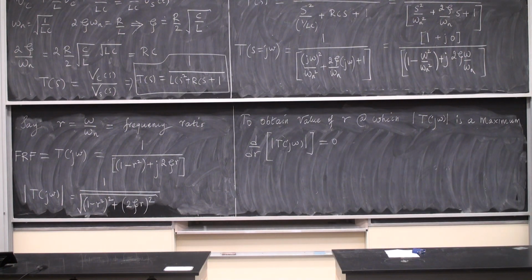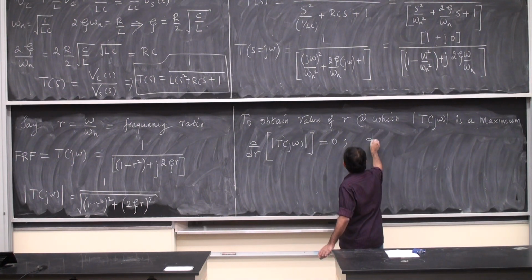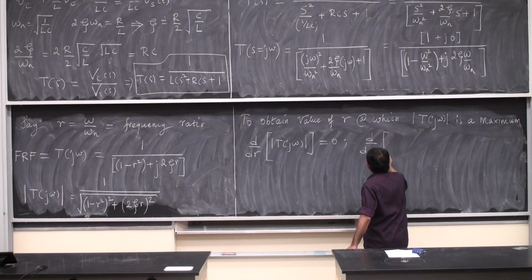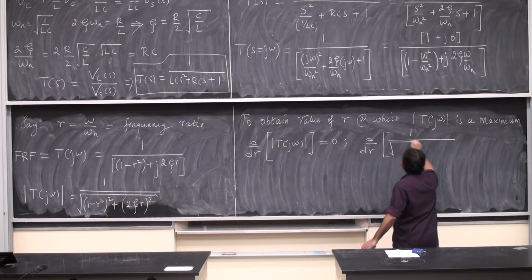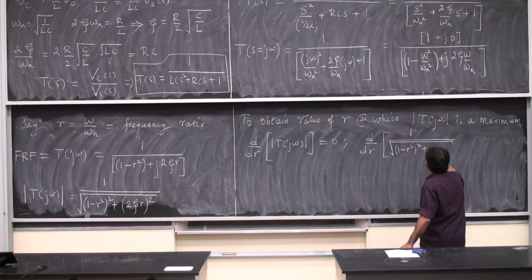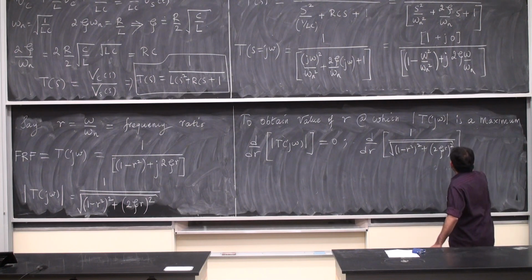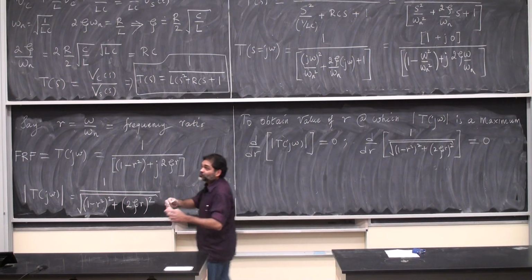Obviously, I'm not going to sit here and do differentiation. I'm just going to write the expression. So d by dr of 1 over (1 minus r square) whole square plus (2 zeta r) whole square is equal to 0.